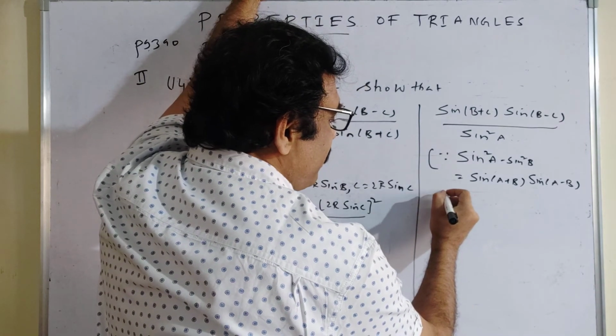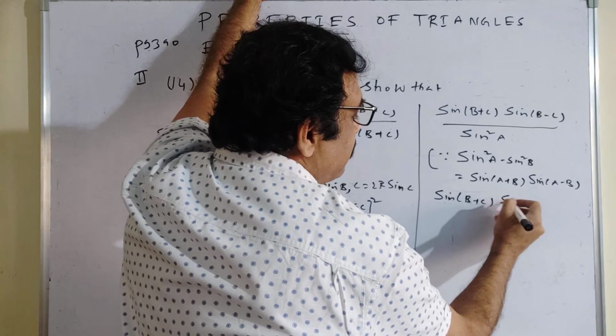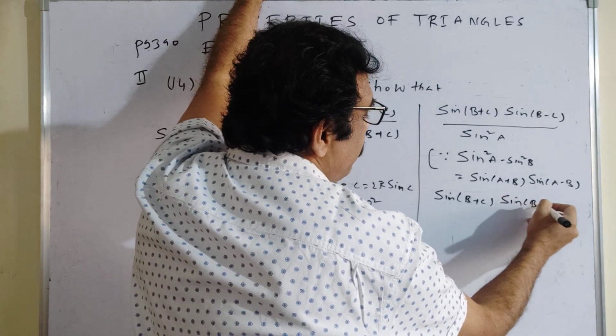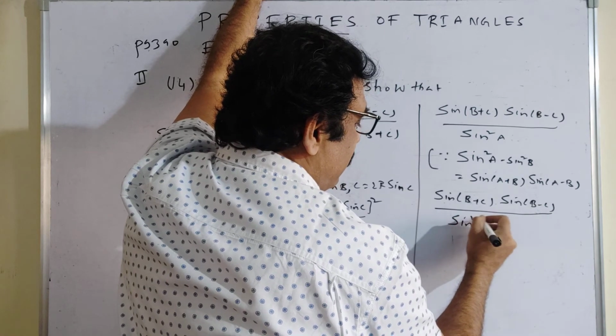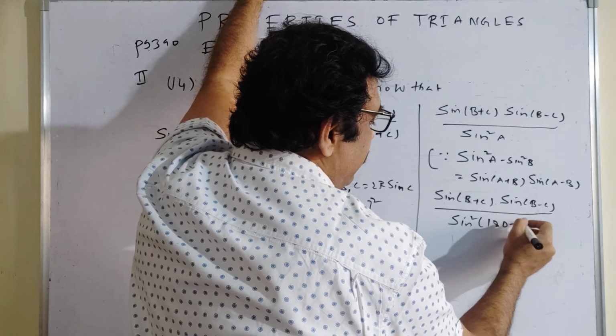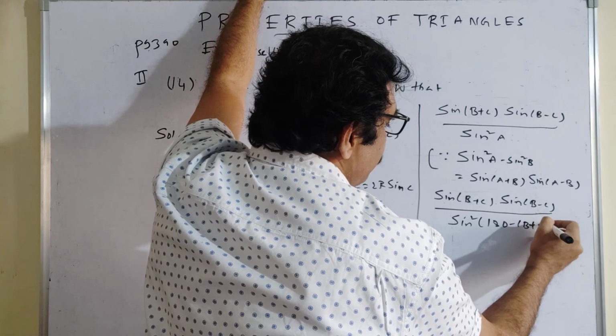Now this is going to be sine of (B plus C) into sine of (B minus C), by sine square of 180 minus (B plus C). Why am I writing it this way?